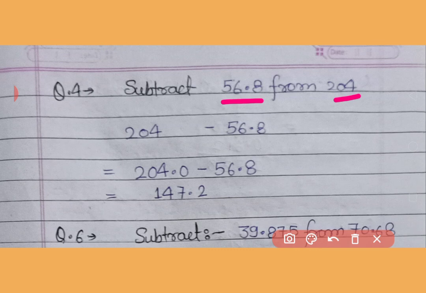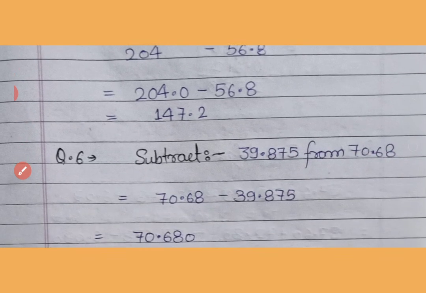So 204 is a whole number, so firstly we have to change it into like decimals. After the decimal here is only 1 digit, so we will keep a decimal and put a 0. Now it became 204.0 minus 56.8. After subtracting 56.8 from 204.0 we get the answer 147.2.